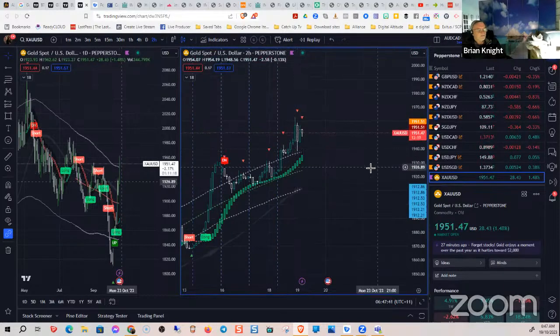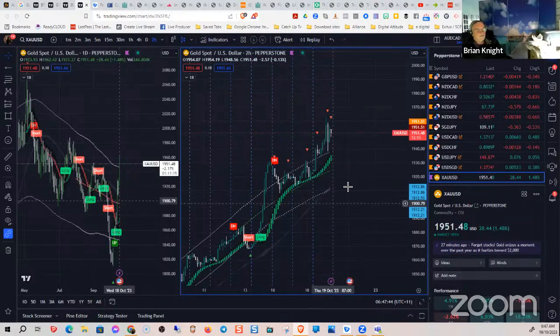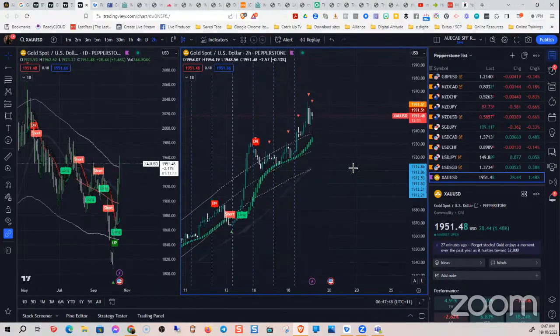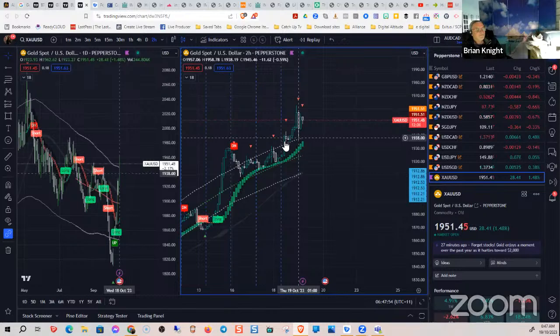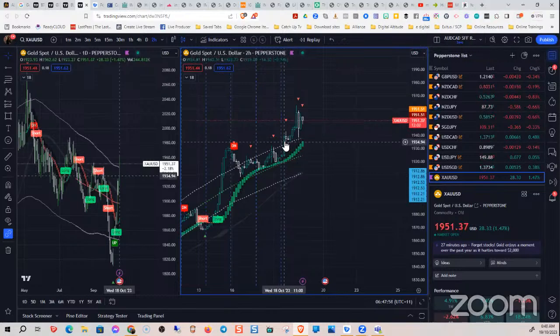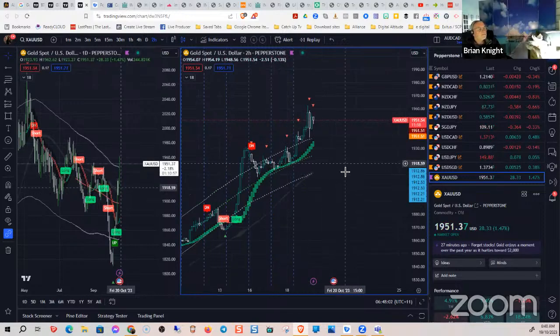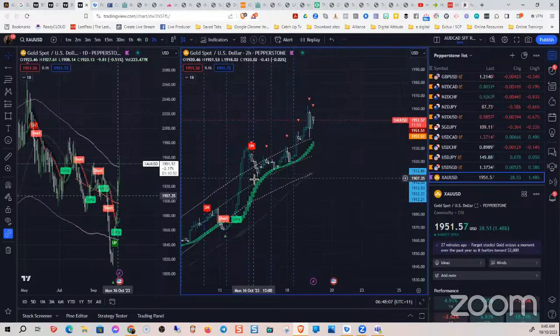So in order to keep going down, it has to break the next available white wick, which is where? Down here. Nope, that's been taken. Go down. That one there. That's the one.